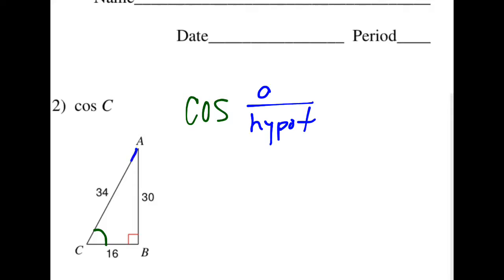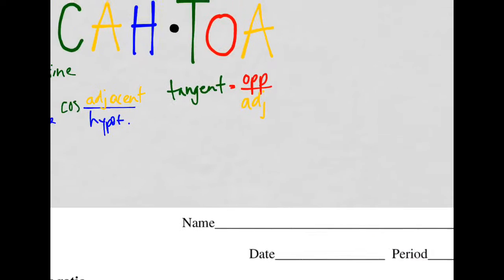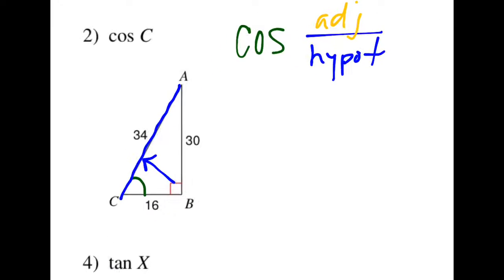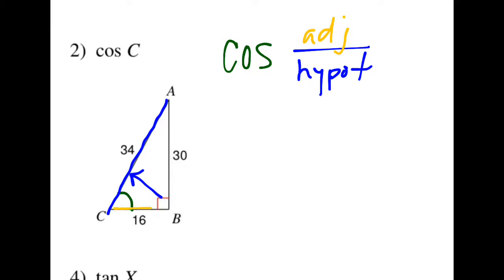Now we always know the hypotenuse is the longest side length that's going to be across from your right angle, because the right angle has to be the largest angle in a triangle. Adjacent means touching. So I need this side over here.